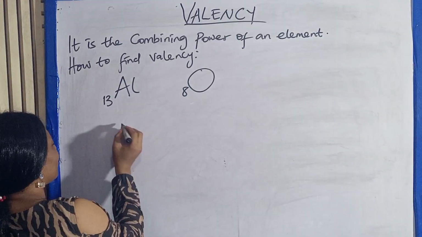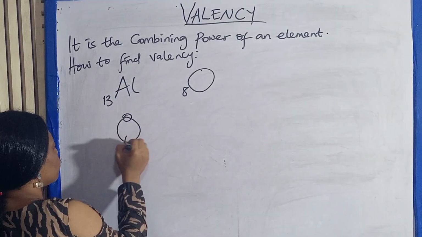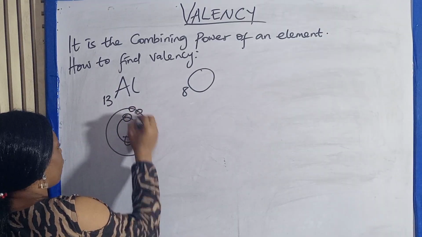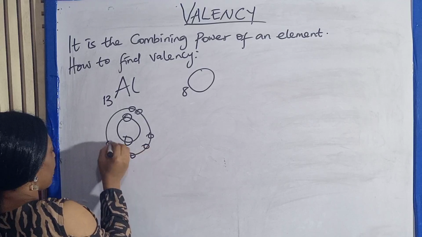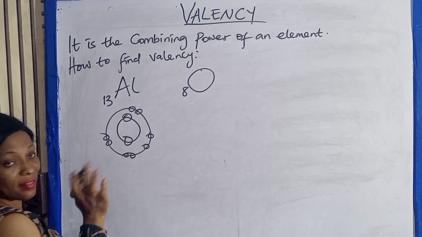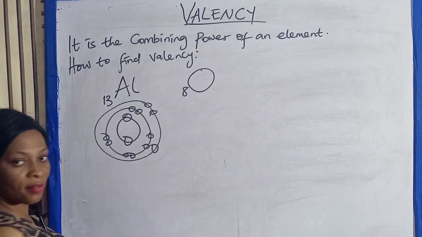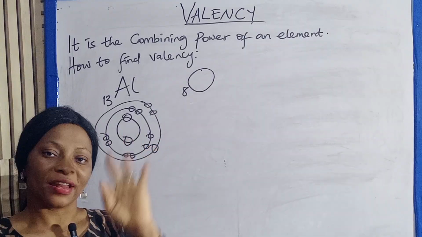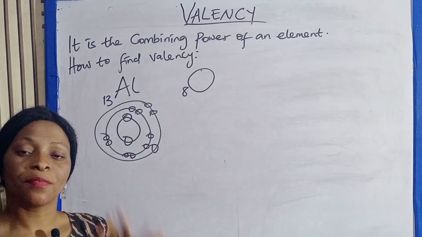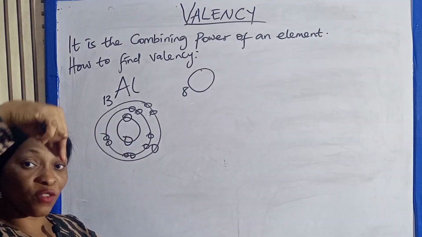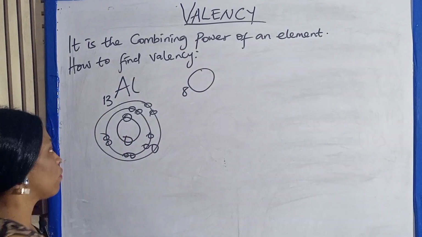Now, aluminium is 13. So let's draw 1, 2, 3, 4, 5, 6, 7, 8, 9, 10. So this is 8 complete. 11, 12, 13. Remember, 1, 2, 3 in the outermost shell is the valency. If it's more than that, you ask yourself, how many does it need to complete to 8?